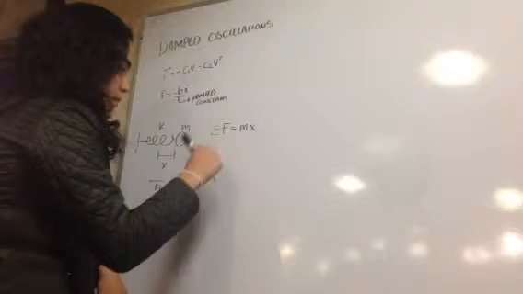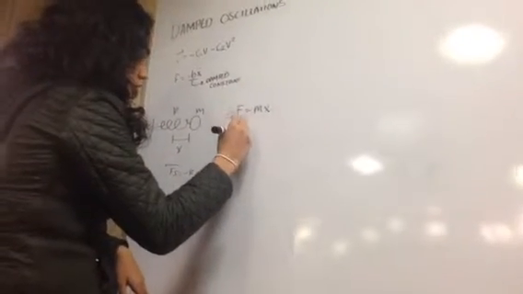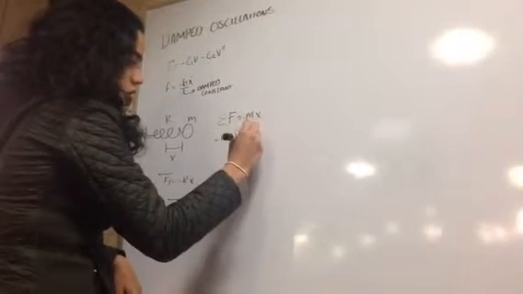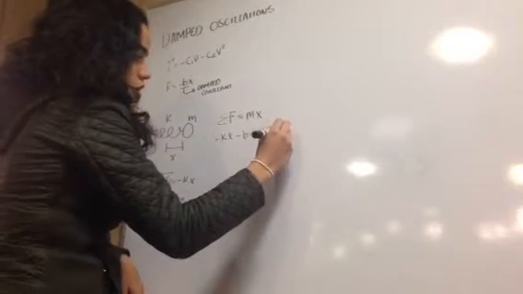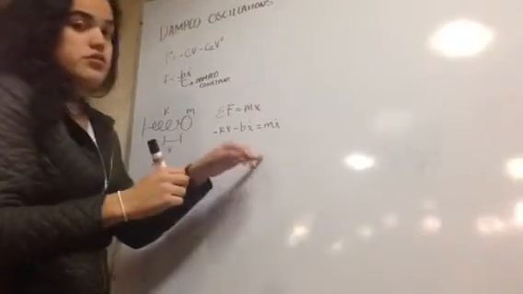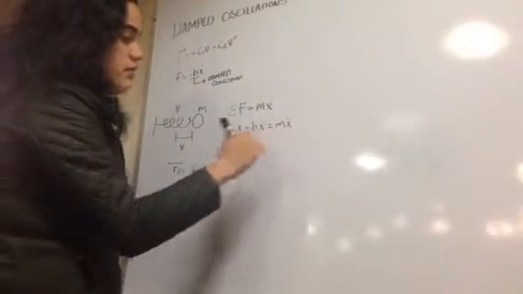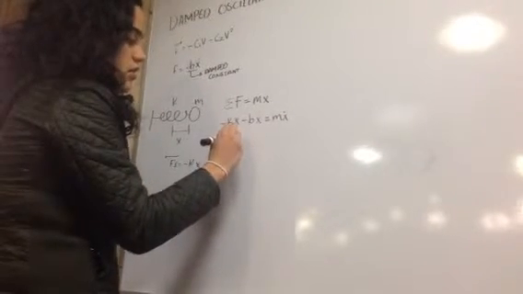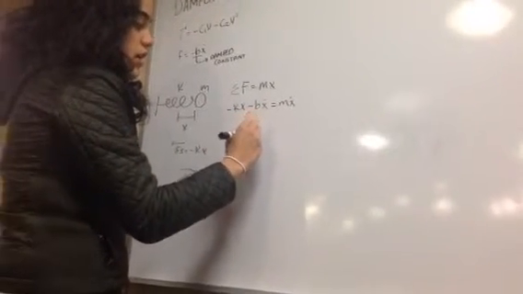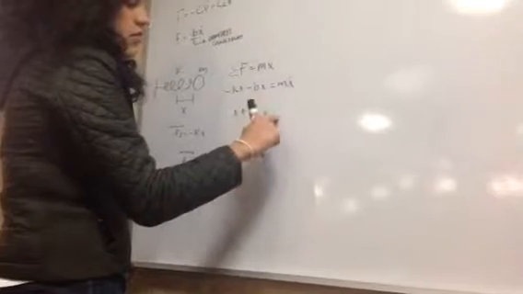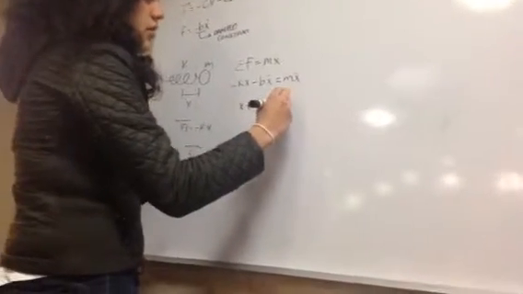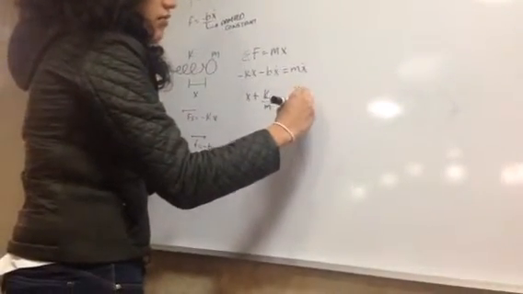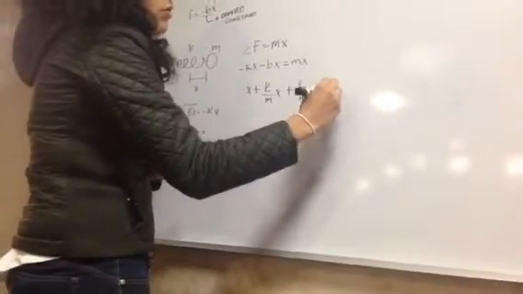So we put the forces and we rearrange to 0 and divide over m, so we get the acceleration plus k over m times x plus v over m times the velocity, that equals 0.